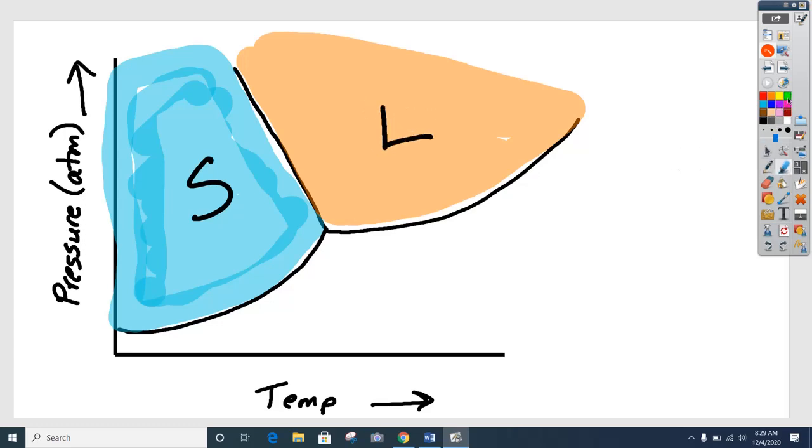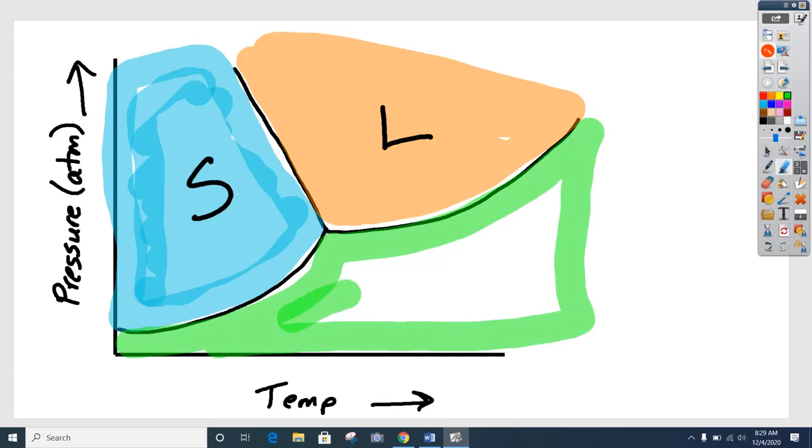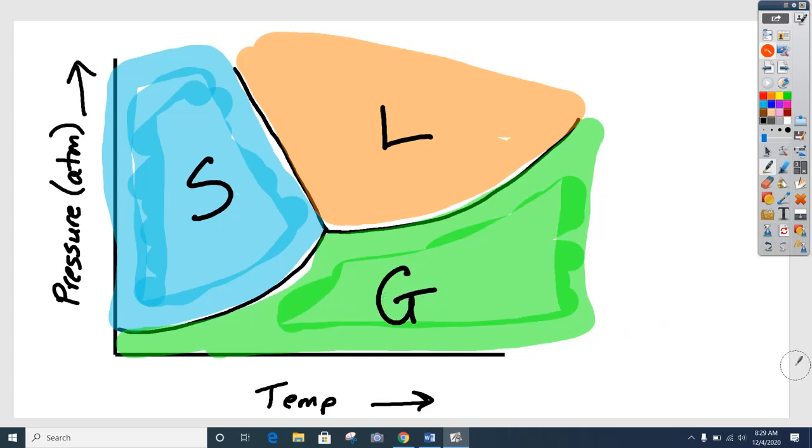And some students think of this as the butt diagram, because if you do, then you will never forget that this section of the graph down here, any combination of temperature or pressure that puts you in that section of the graph, the substance will exist as a gas.